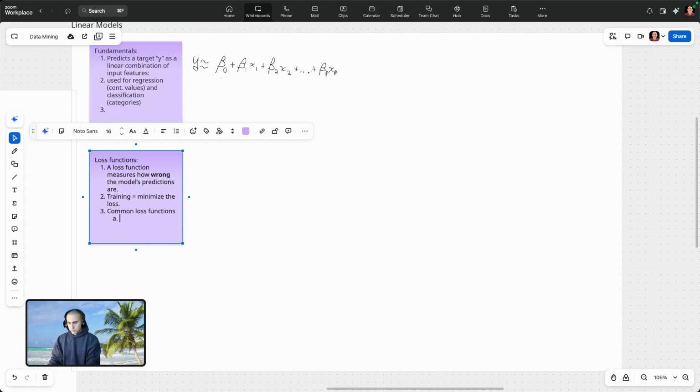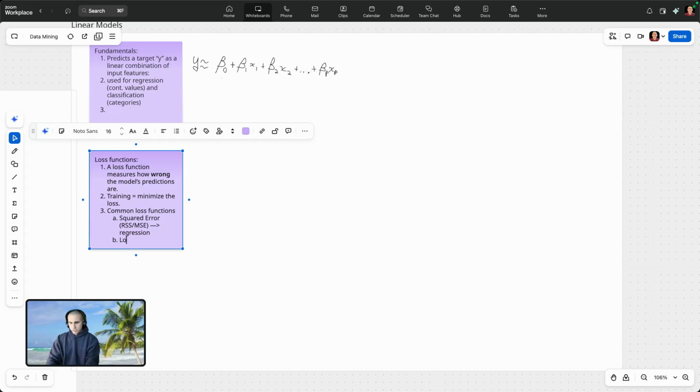So we have squared error, RSS, MSE, mean squared error, for regression.